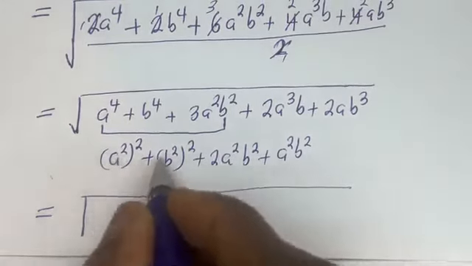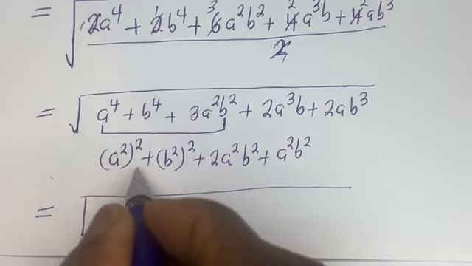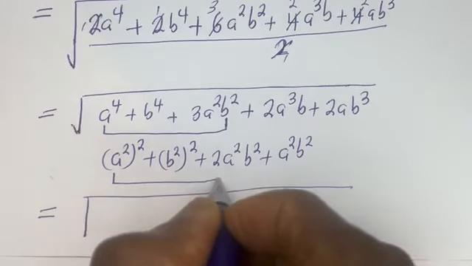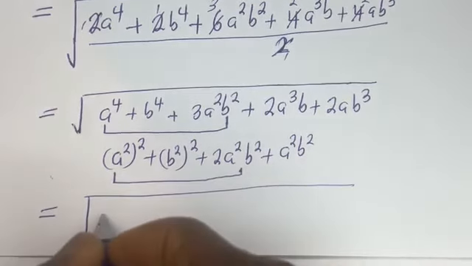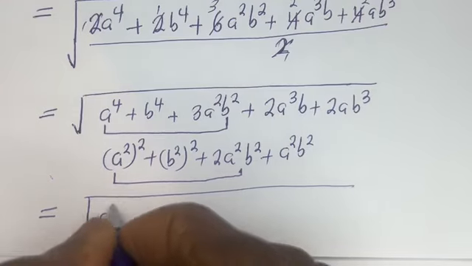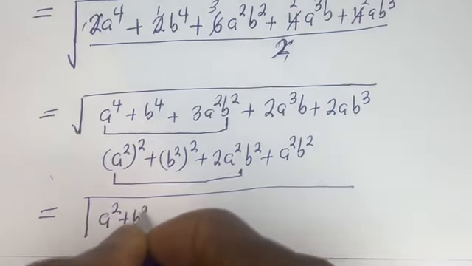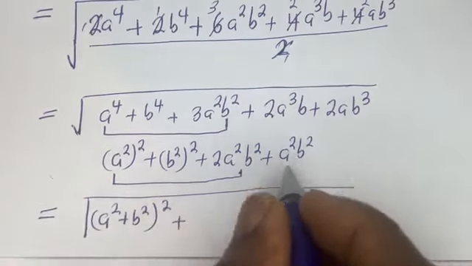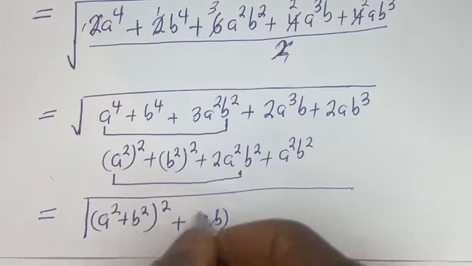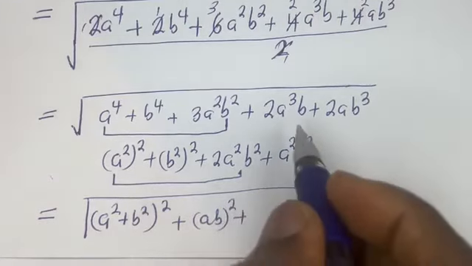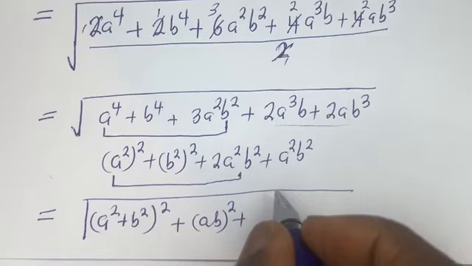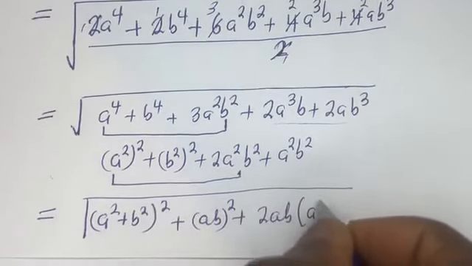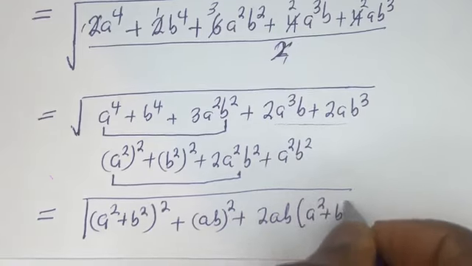we have here the whole of this from here to here is A square plus B square all square, then plus this is AB square plus then the whole of this is 2AB bracket A square plus B square.